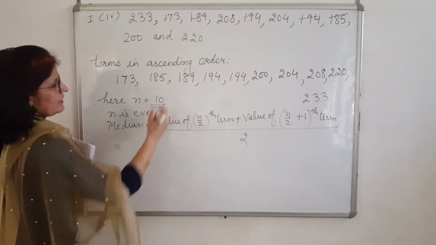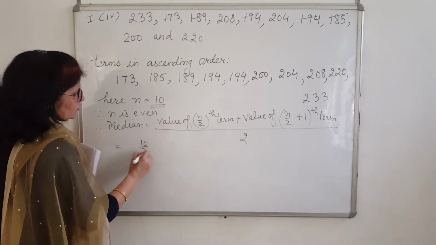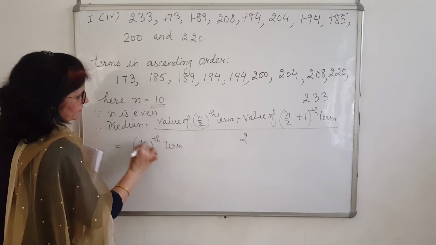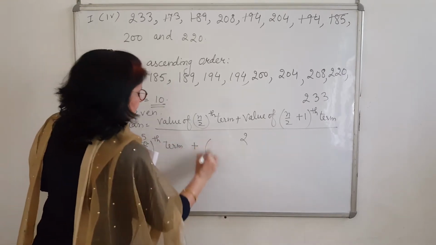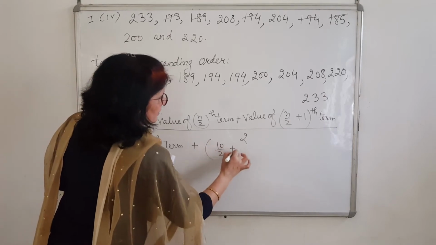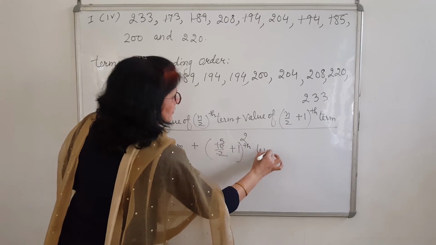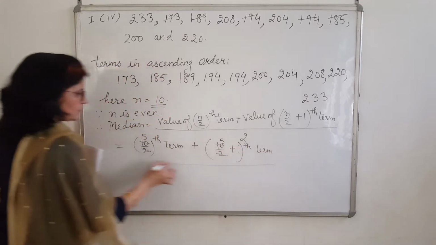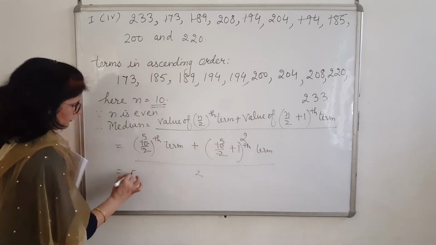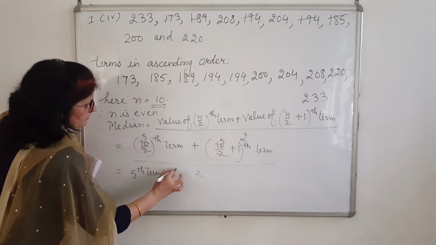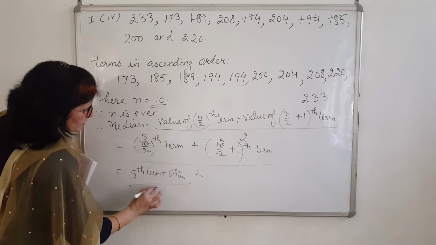Now what is n? n is 10. So 10 over 2 means 5th term plus 5 plus 1, 6. So 5th term plus 6th term over 2.